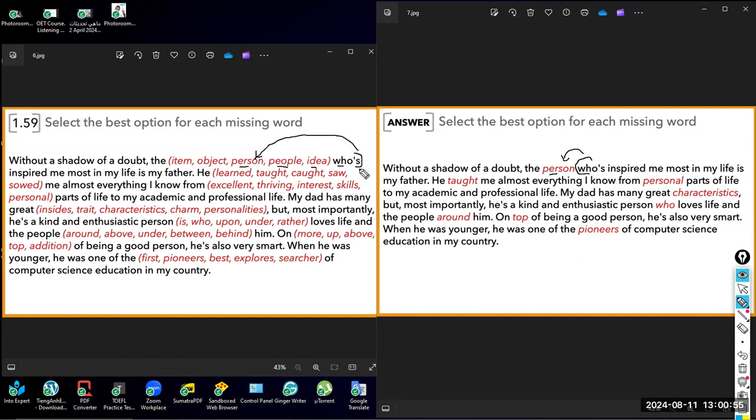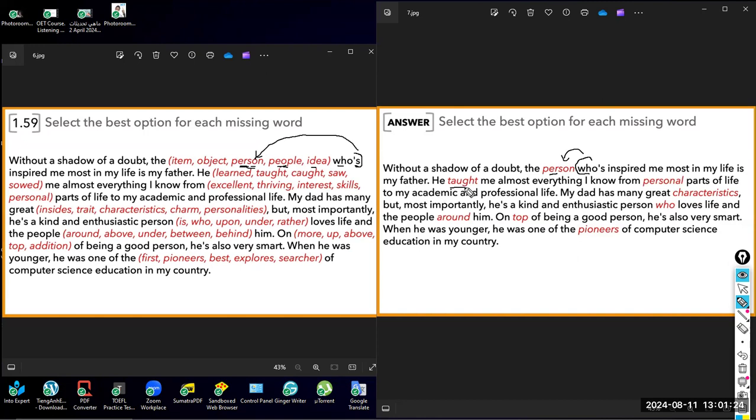If I have are instead of is, absolutely, the word I have to select is people, but not person. So again, because who is talking about people, I have to choose who, and because the verb after who is, and because it is singular, I have to use person. So without a shadow of a doubt, the person who has inspired me most in my life is my father.